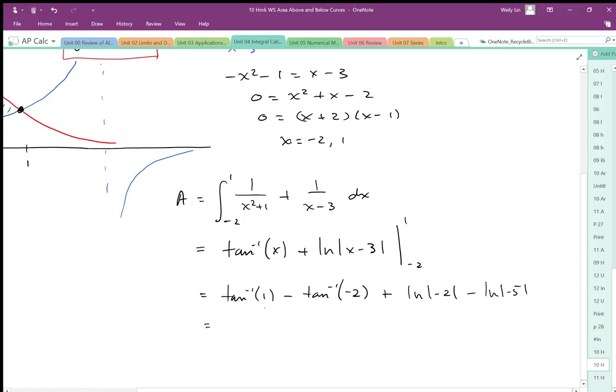So we can work these values out, but I'm just going to leave them in their form here. So simplifying this a little bit, we get arctan of 1 minus arctan of negative 2 plus log 2 minus log 5.